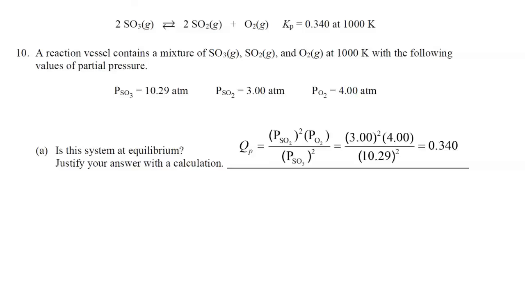And when you do that math, you get 0.340. So yes, the system is at equilibrium because Q equals K. Now in question 8, the stress was adding more SO3, which was a reactant. In question 9, it was adding more SO2, which is a product. Let's see in question 10 what the stress is going to be.